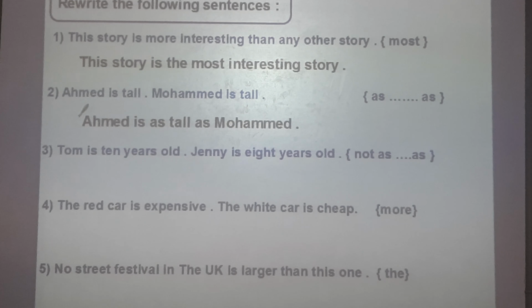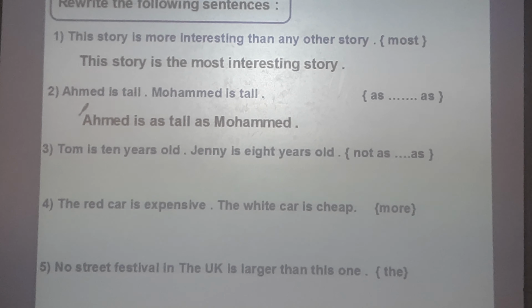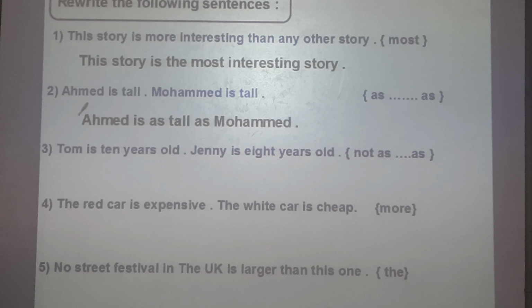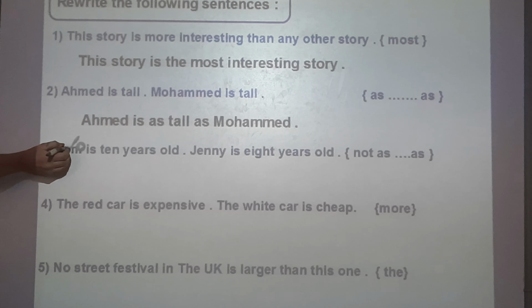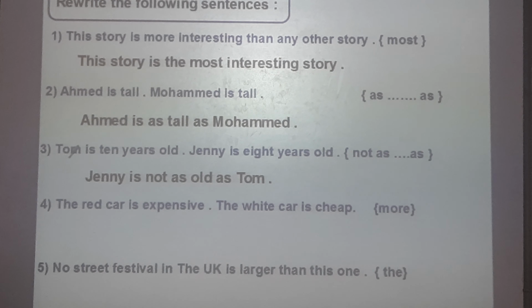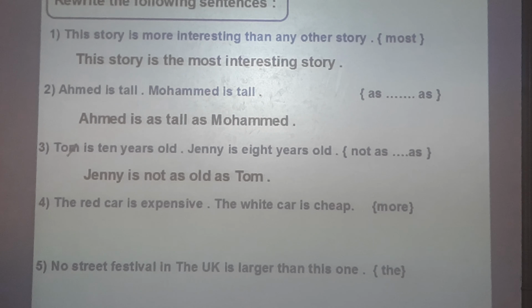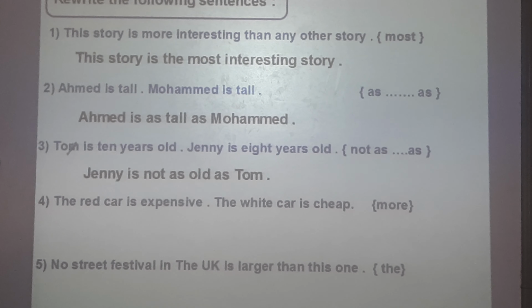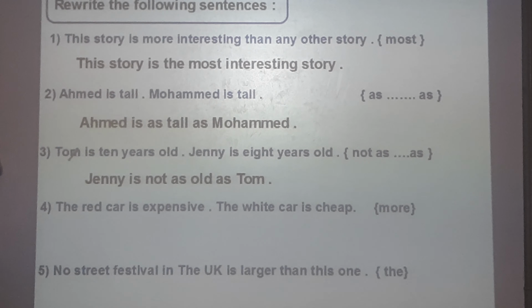Number three, Tom is 10 years old, Jenny is 8 years old. Not as. Yes, you are right. So Tom isn't as old as Jenny, or Jenny isn't as old as Tom. Number four, the red car is expensive, the white car is cheap, so we put more to the adjective. Yes, you are right. The red car is more expensive than the white car.